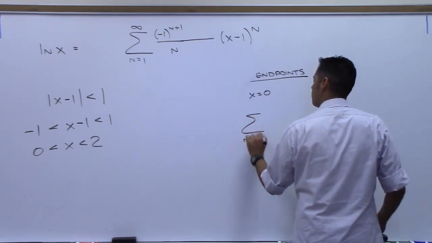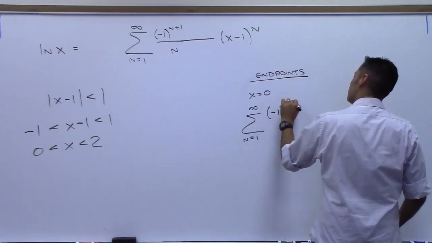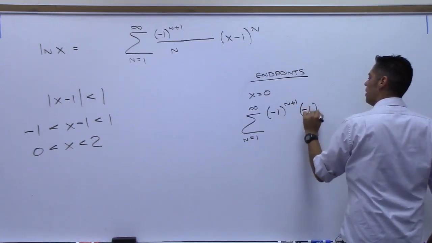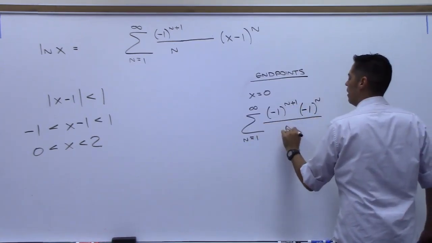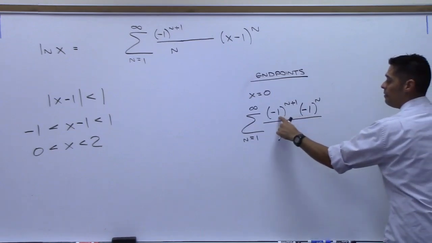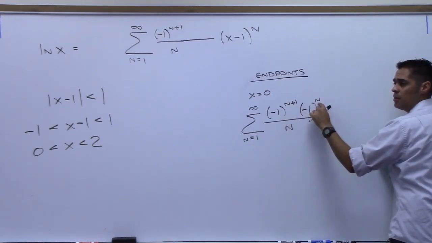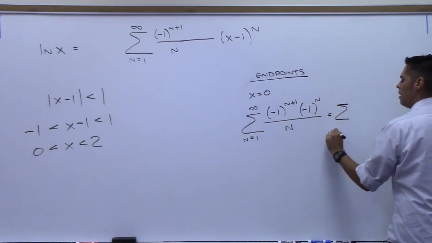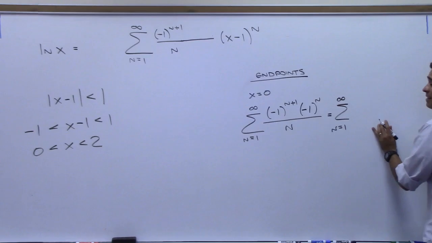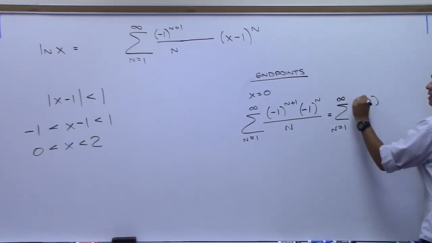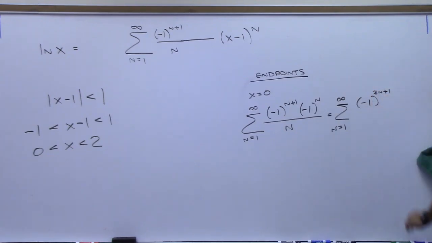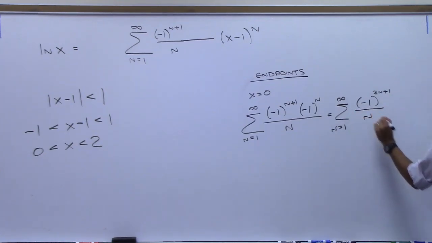Sum from n equals 1 to infinity, negative 1 to the n plus 1, then this is going to turn into what? Negative 1 to the n, all over n. And if you have the same base, you can add these powers together, can't you? So what is that? Sum from n equals 1 to infinity of negative 1 to the 2n plus 1, agreed, over n.